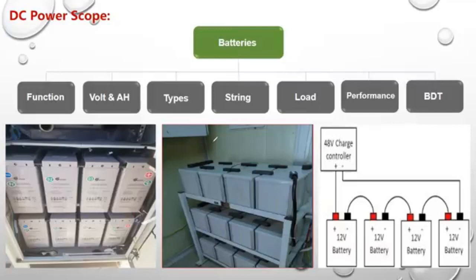Now let's talk about how the batteries are connected to each other and connected to the rectifier. The batteries are connected to each other, as we mentioned, by these connectors, all right? That comes from the positive of this battery to the negative of the battery.